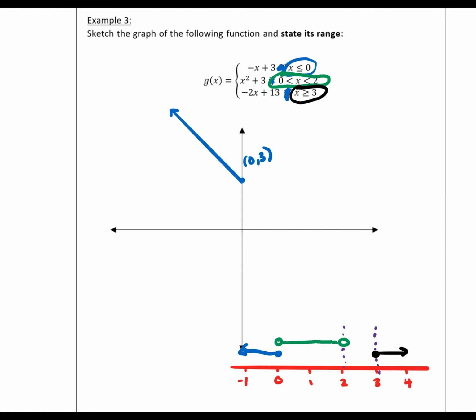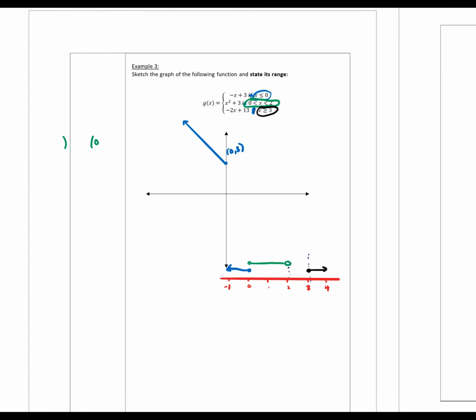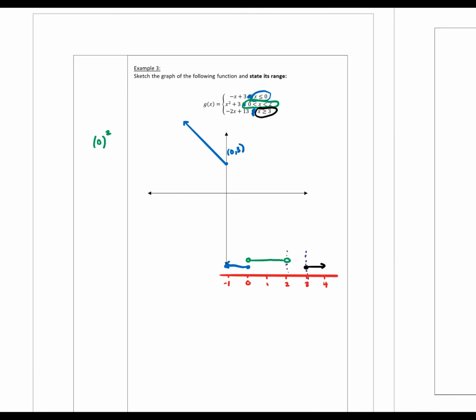Next we've got the parabola x squared plus 3. Well, the parabola x squared just looks like that u. It's between 0 and 2, so once again it's got a y-intercept of 3, because if I subbed in 0 for x, I'd have 0 squared plus 3.